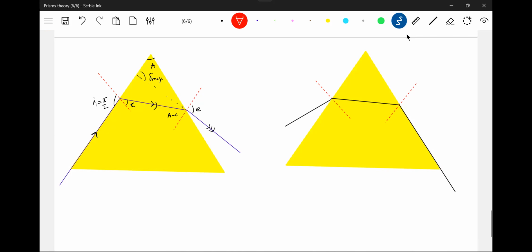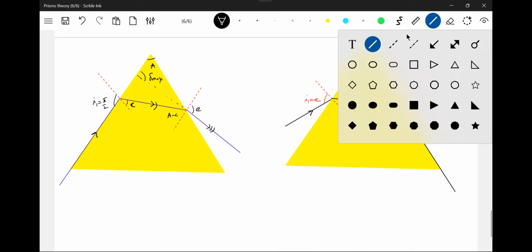That's actually the beauty of this particular topic. The angle of incidence is E. This is the critical angle. Here A minus C. This is A. This is 90 degrees. The deviation will be maximum here.